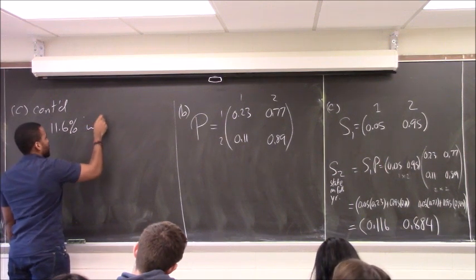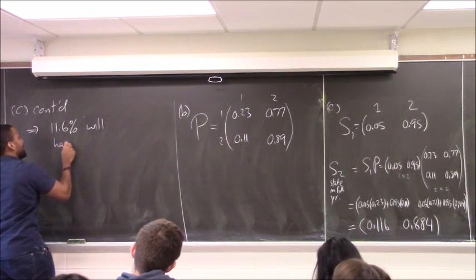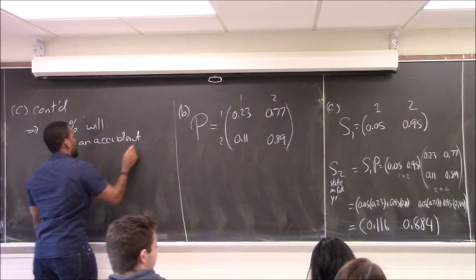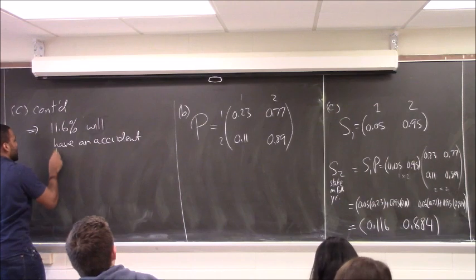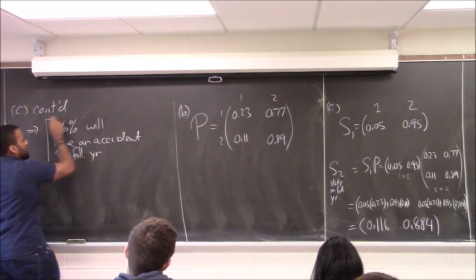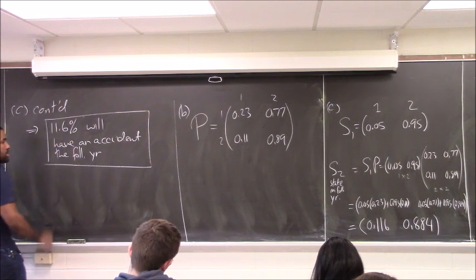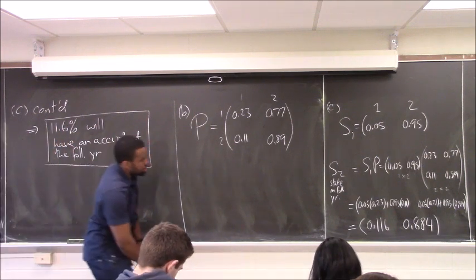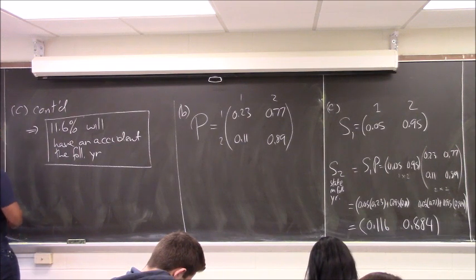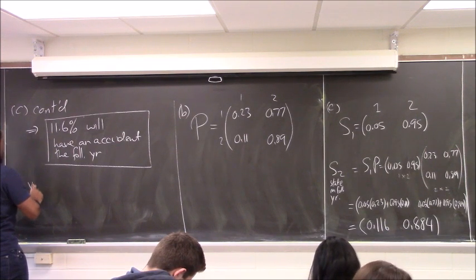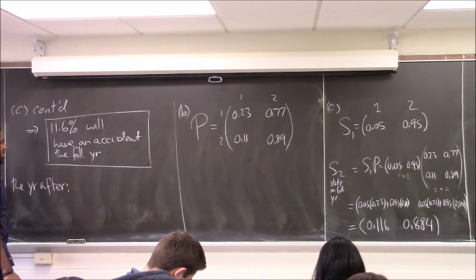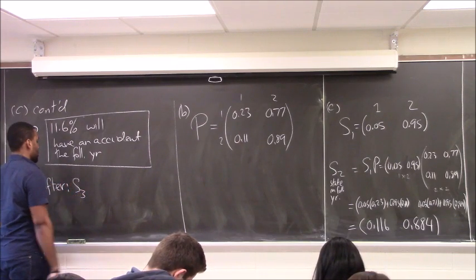Will. Will is a strong word. Have an accident involving you. So, just look at all the people who are in state 1 in the second state matrix. And I think the question also says the year after. And that's pretty much asking for state 3.